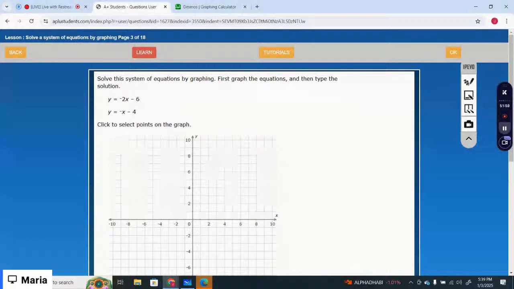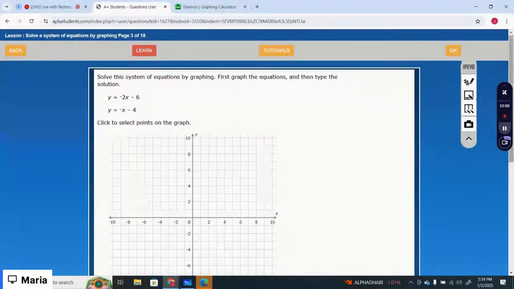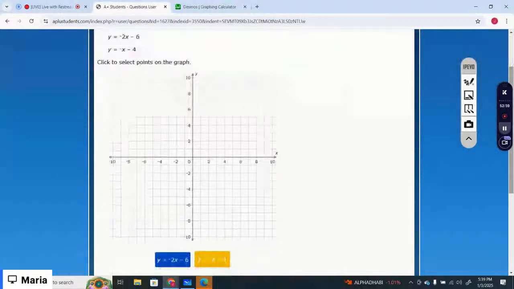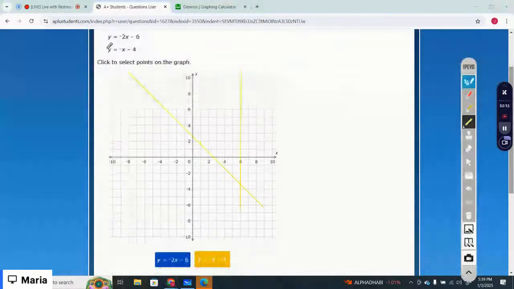That is y equals -2x minus 6 and y equals -x minus 4.